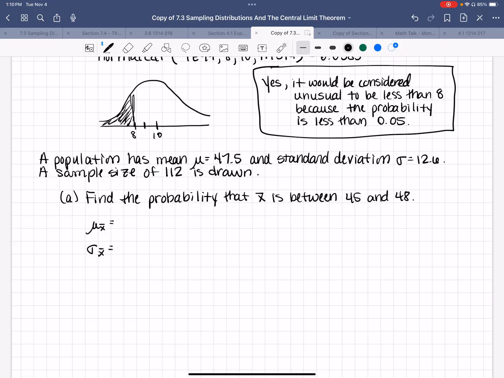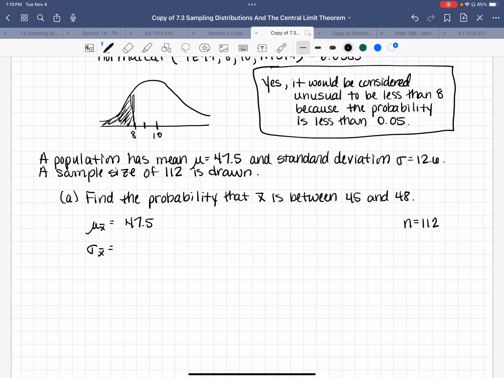Well, the mean is going to be 47.5 because that is the mean of my population. So that's going to be the mean of my random sample. Of course, I did need to check. I know that n equals 112 here, so it's okay to use my normal CDF and make it mimic a normal curve because it is over 30. My sample size is over 30.